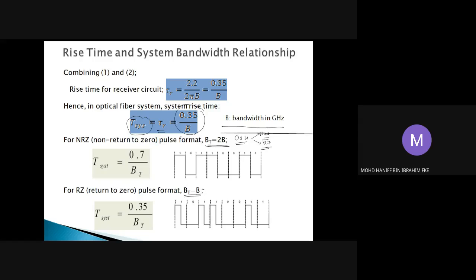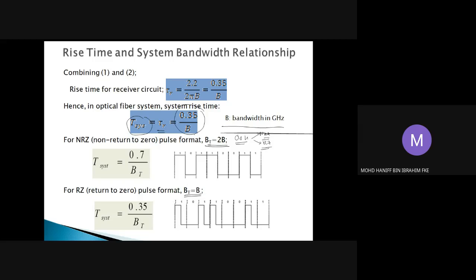I believe that you have learned this in detail in PCOM, in third year first semester. For the NRZ, every bit is represented by one symbol. Let's say 1 is 1 symbol, 0 is 1 symbol, and so on.